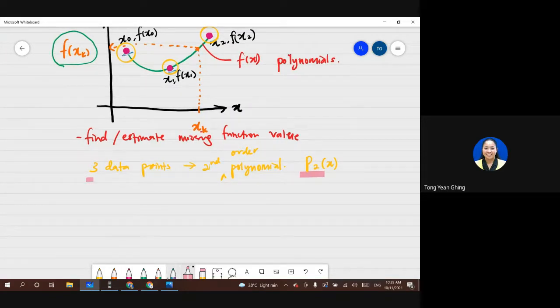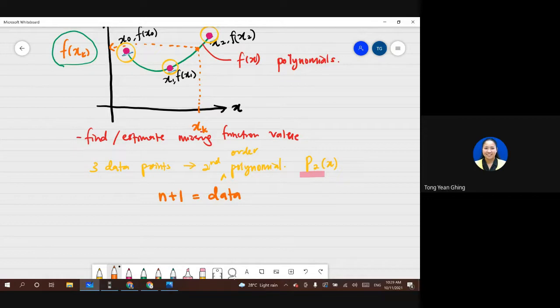The number of data points is n plus 1, where n is the order of the polynomial.